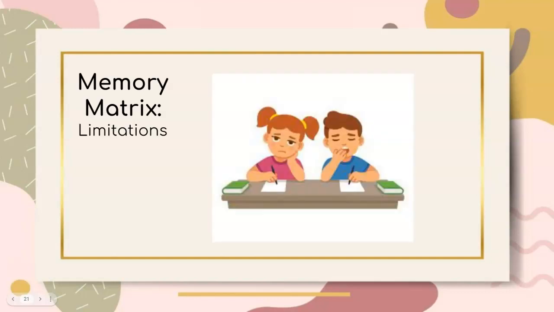The format of a memory matrix can also dull an otherwise complex dynamic system. Another limitation is that students may have their own organization system for the information, and by using a memory matrix with headings already assigned, the teacher won't know the alternative categorizing that the learner has created for themselves.